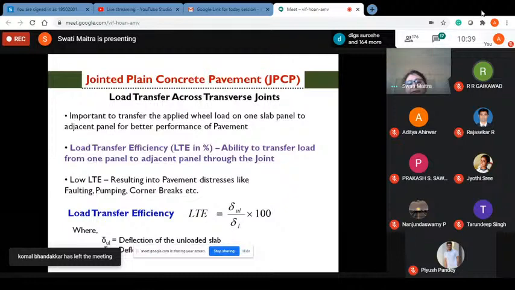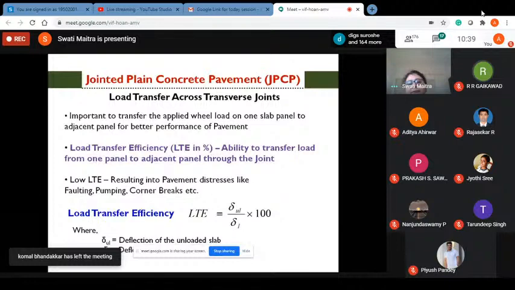This has been done by CRRI several years back in different states in India, and from that they have come out with this table, from which we can find the temperature gradient across the slab depth. The temperature differential is recommended for 150 to 400 millimeter slab thickness.